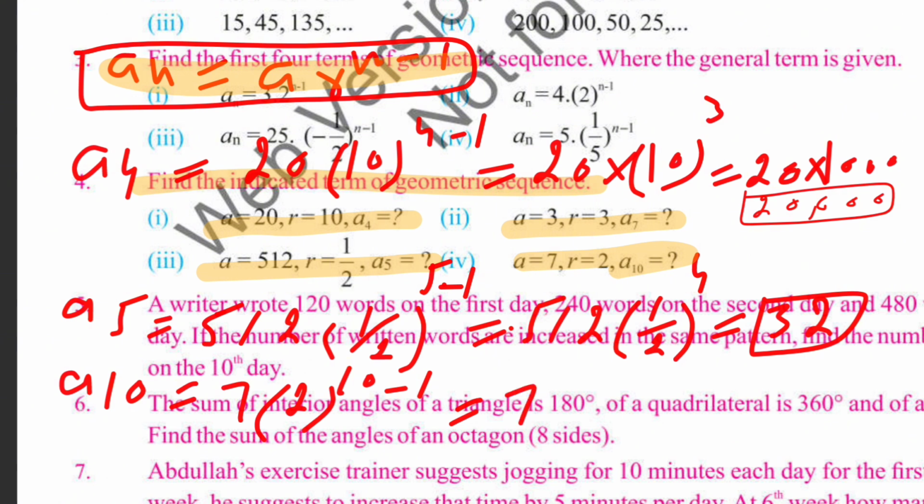Okay, now 7 multiply 2 raised to power 9 is equal to 7 multiply 512, and also is equal to 7 times 2 is 14, 4 here, 1 carry, 7 times 1 is 7, and also 1 carry 8, 7 times 5 is 35. It is the answer.